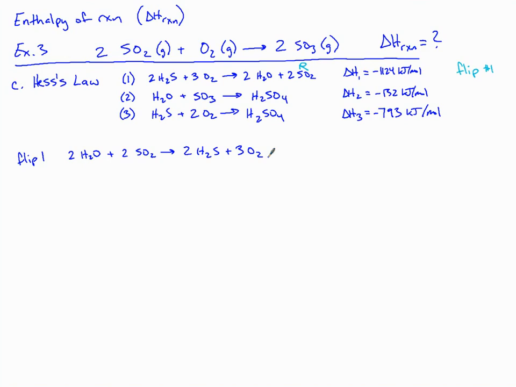And this is important: when you flip the reaction, you end up flipping the sign of the delta H. And so this reaction is now negative delta H1, which means it is positive 1124 kilojoules per mole. Whatever you do to the reaction happens to the delta H.